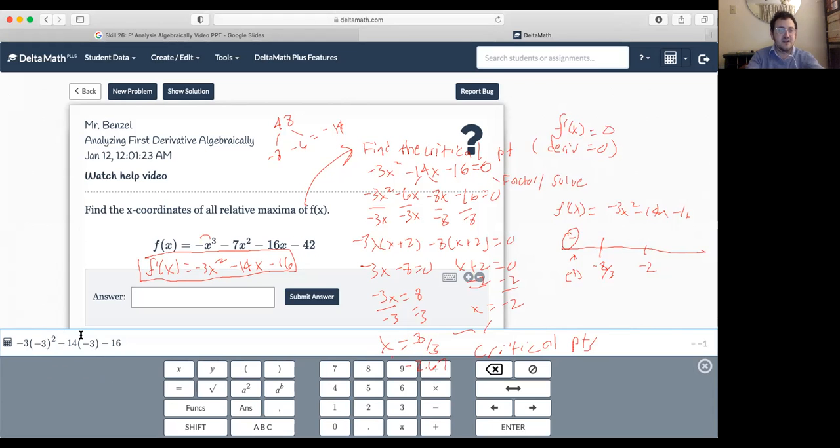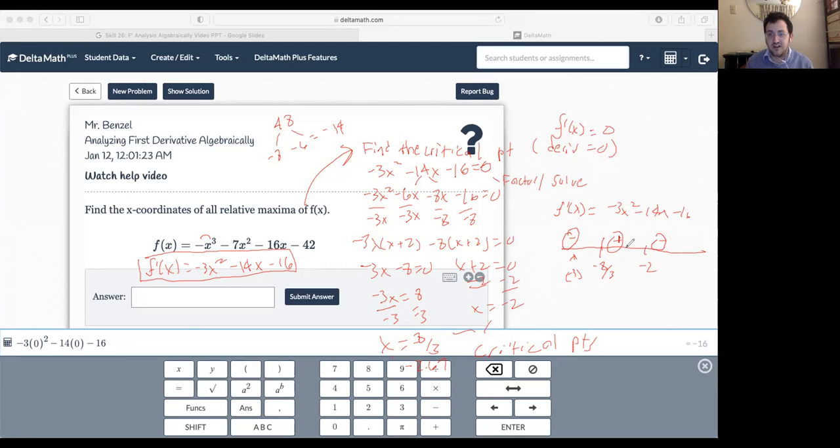I may want to try -2.5, and what I notice is I'm actually getting a slightly positive number. So I'm going to put a plus sign. And then an easy number that I can try that's greater than -2 would be 0. And this happens to also be a negative number.